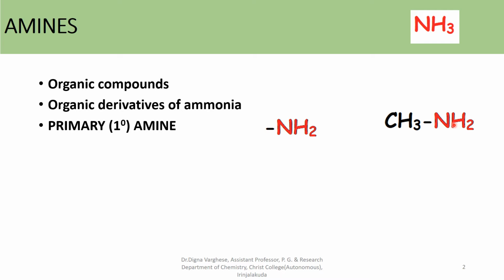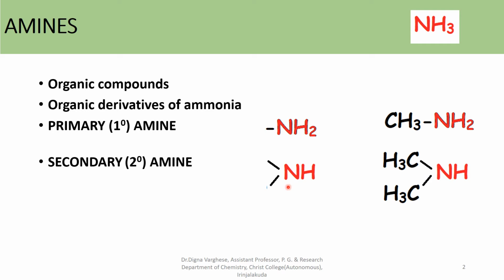The second classification is secondary amine, where two of the hydrogen atoms of the ammonia molecule are replaced by alkyl or aryl groups. Here you can see an example, dimethylamine. In a secondary amine, the functional group is divalent NH.